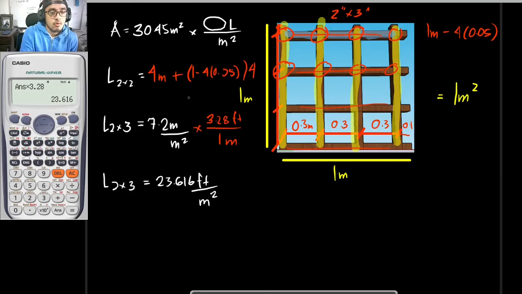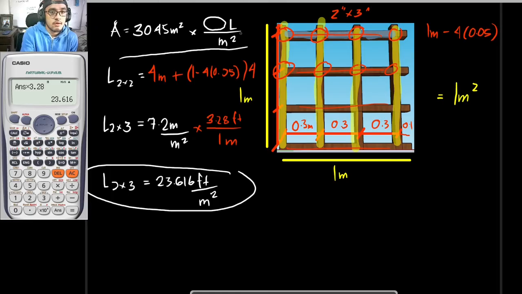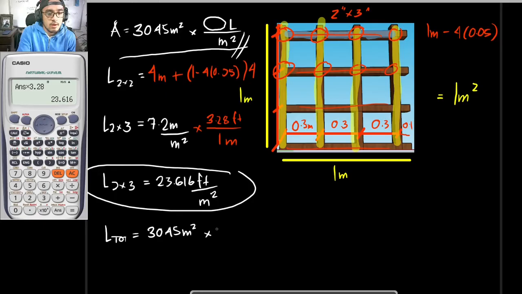So after that, we would be multiplying this by the area for us to get the total length of the wall studs that we would be needing for the whole wall area. Our area is 30.45 square meters. So we multiply this by 23.616 feet per square meter.